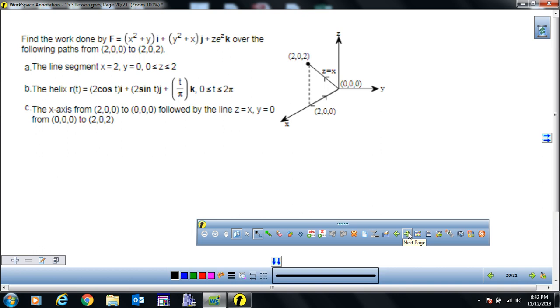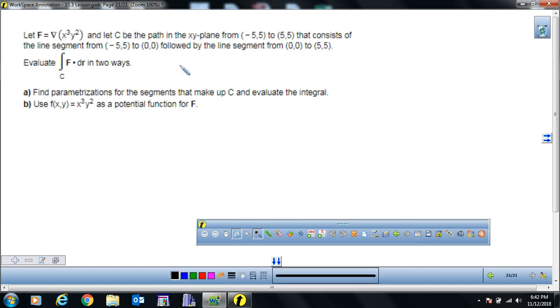We're going to do one last problem, and I guess it's going to be this last one, and that should be enough. We're going to let f be the gradient of that function, x to the third y squared. So first of all, before we start, let's get the gradient.